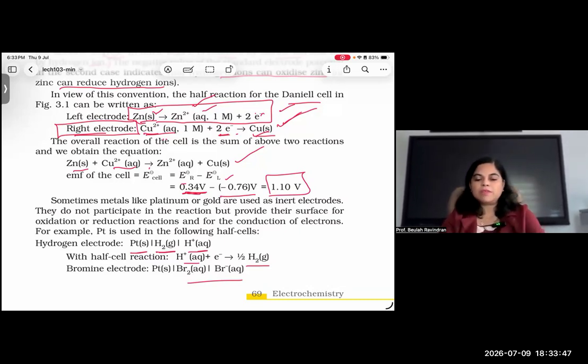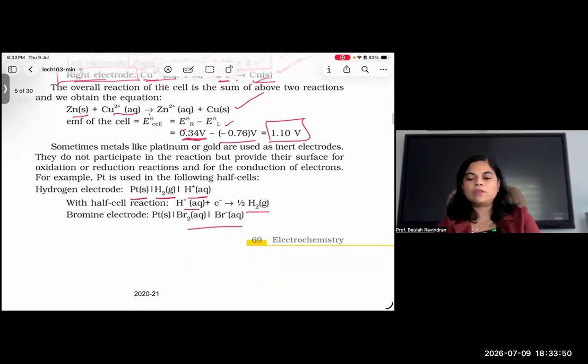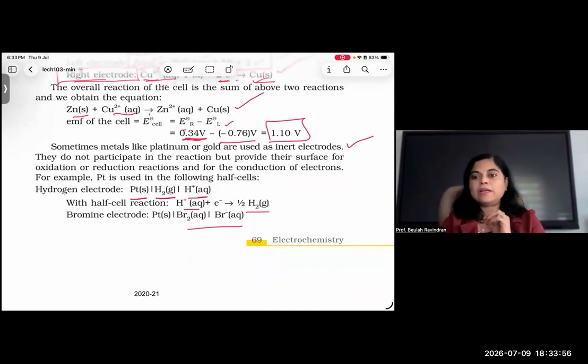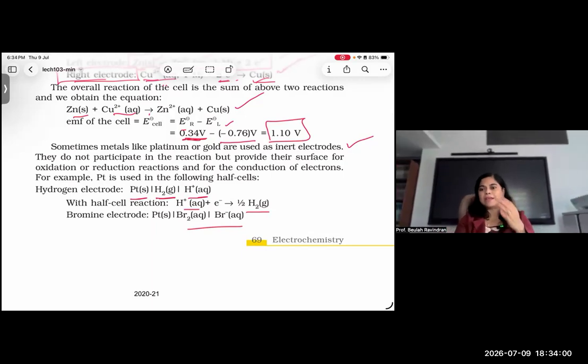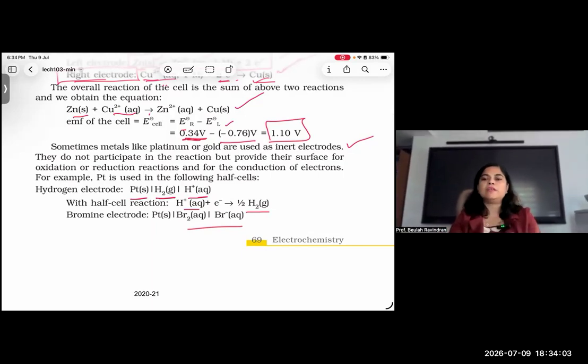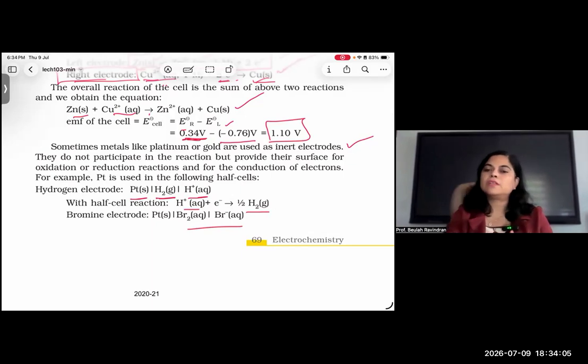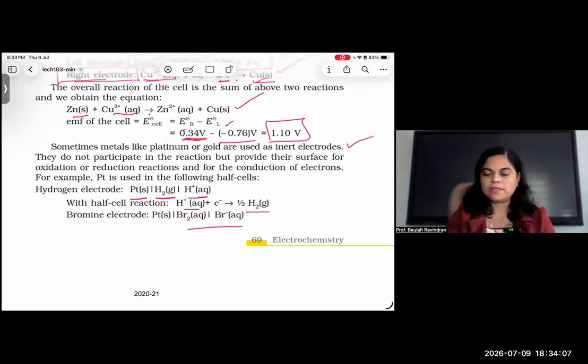Also, sometimes metals like platinum or gold are used as inert electrodes. This platinum, which is used for the hydrogen electrode, is inert. It won't react. For hydrogen gas, it can't act as a solid, right?